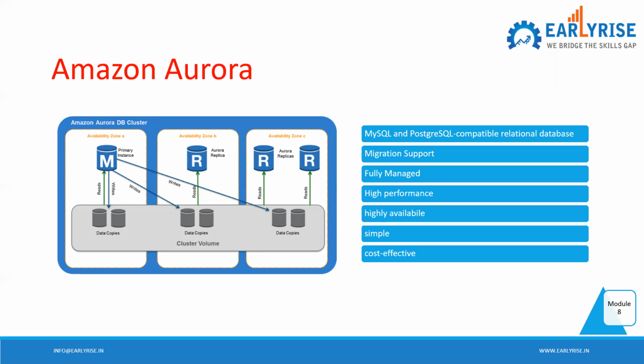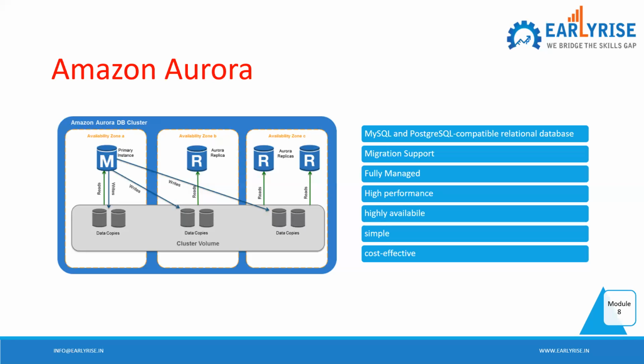This is very fast and gives much more performance as compared to MySQL and other things. It is compatible with MySQL and Postgres as well. Say you have any MySQL or Postgres database running on premises, and you are thinking of doing some migration from your on-premises database server to AWS.